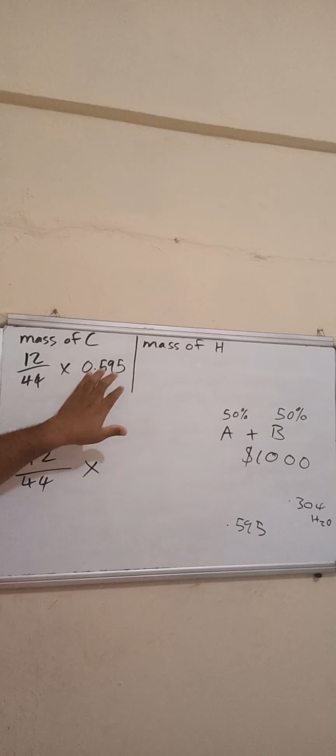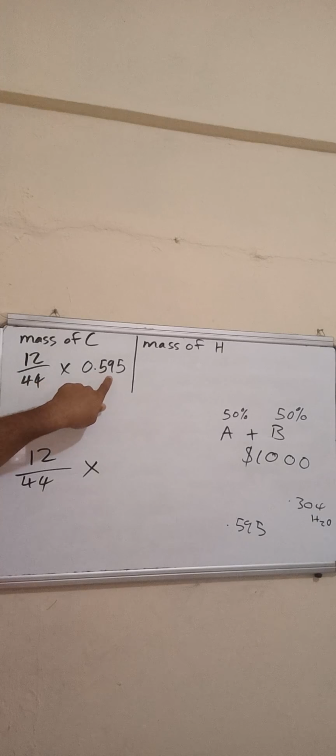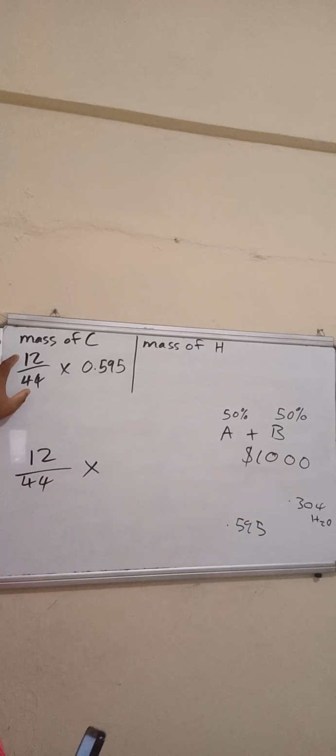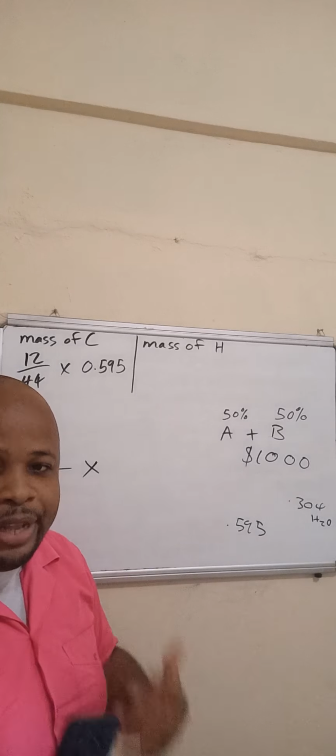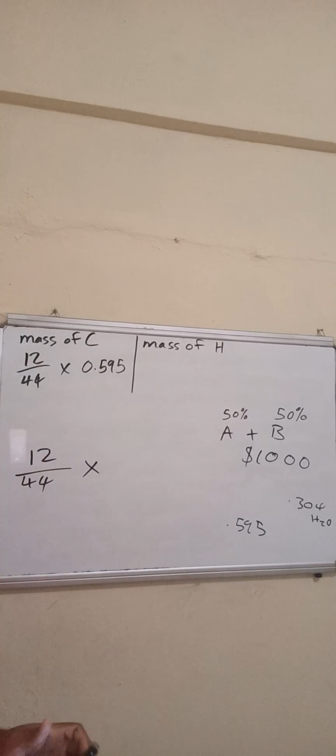This is the mass of carbon dioxide, but to know the mass of carbon in it, 12 over 44 times this will give you the mass of carbon. Remember, the 12 over 44 gives you the amount of carbon in 1 mole of carbon dioxide. So whatever mass of carbon dioxide you have, if you want carbon, find 27% of it. And the answer you should get is 0.162 gram.